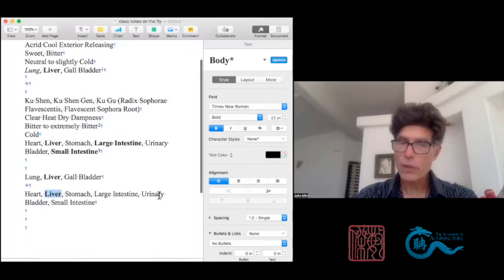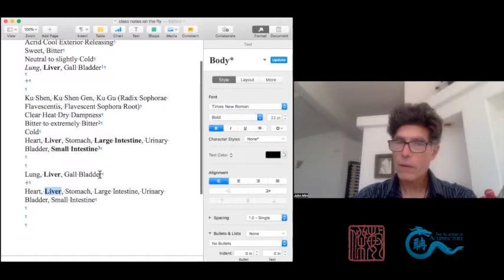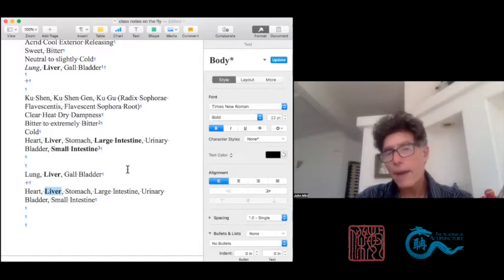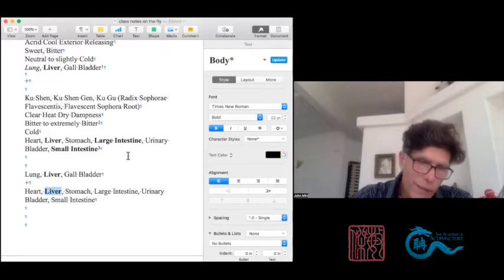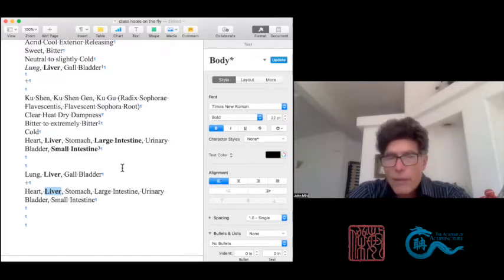Works for all those because we've got that gallbladder, stomach, and the UB draining fire out of the head there. Upper jiao, we've got heart, lung, and kind of pericardium. A little bit of invocation of that.